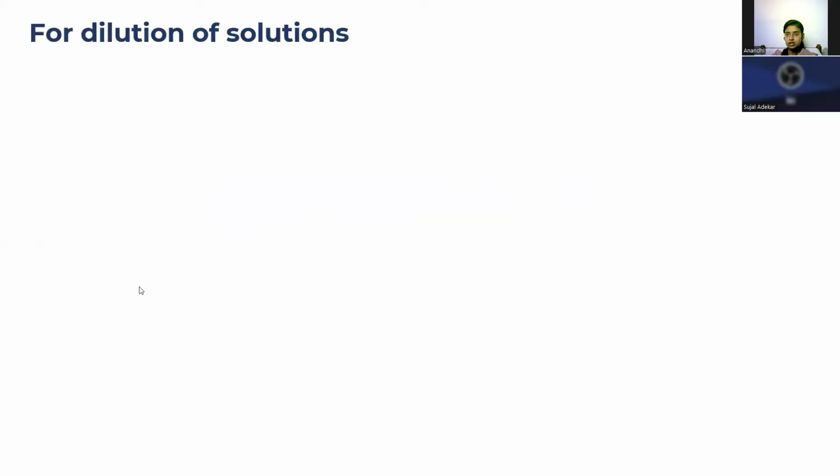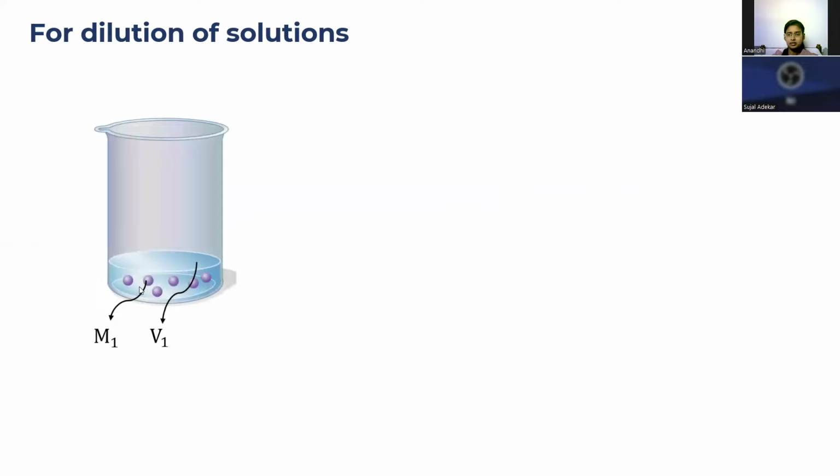Now for dilute solutions. If I'm diluting the solution, in the sense I'm going to add some water. Initially I have a container with solvent and solute particles all mixed. The molarity of the given solution is M1 and the volume of the solution is taken as V1.